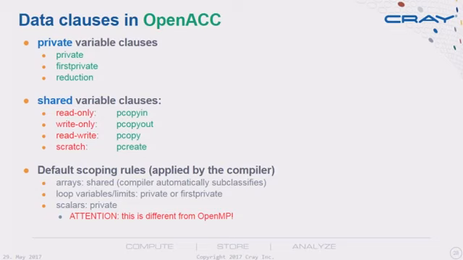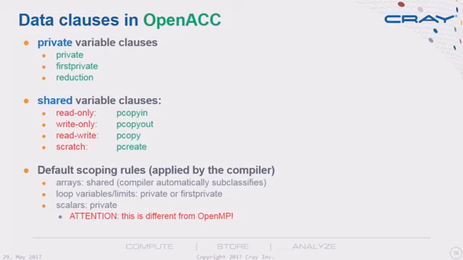For OpenACC, it's quite similar. We again have the private, firstprivate, and reduction clauses for private variables, and for the shared variables we have the copyin, copyout, copy, and create statements for scratch. I note here pcopyin, pcopyout, and pcopy.